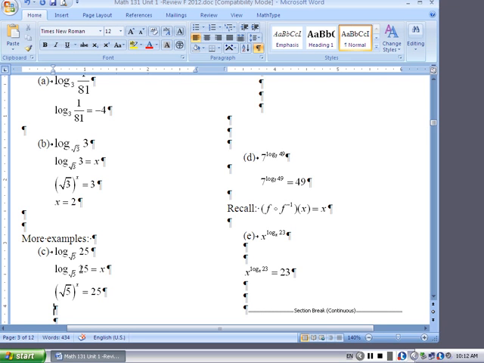Okay, so let me tell you. Square root of 5 times square root of 5 is what? Is 5. Yes? Square root of 5 is 5 to the 1/2 power. Remember, when you multiply, you add up the exponents. So yes, you do get 5 to the power 1. That is 5, right?